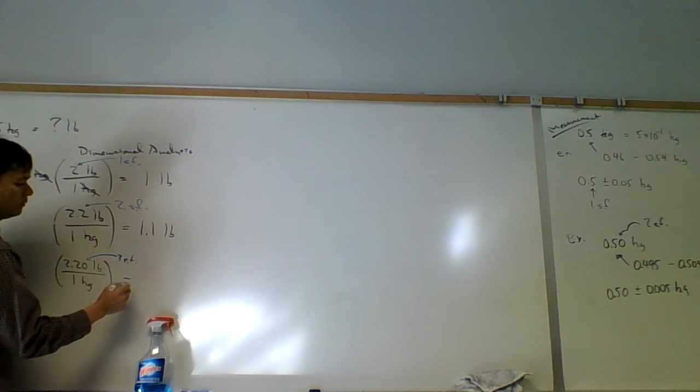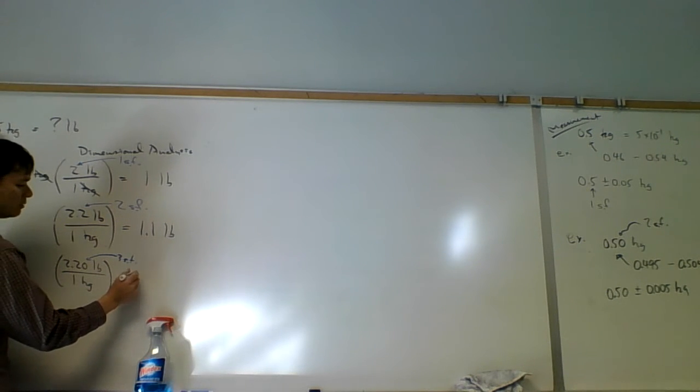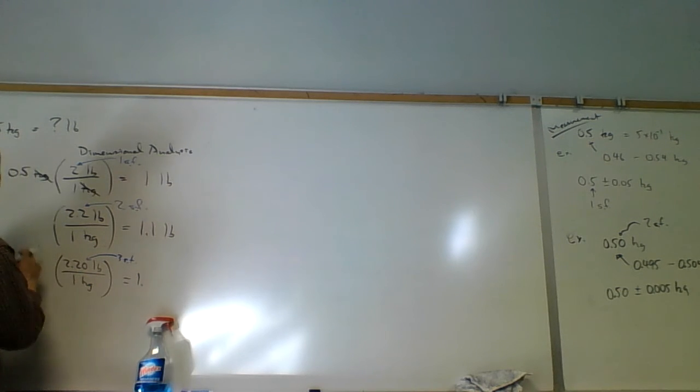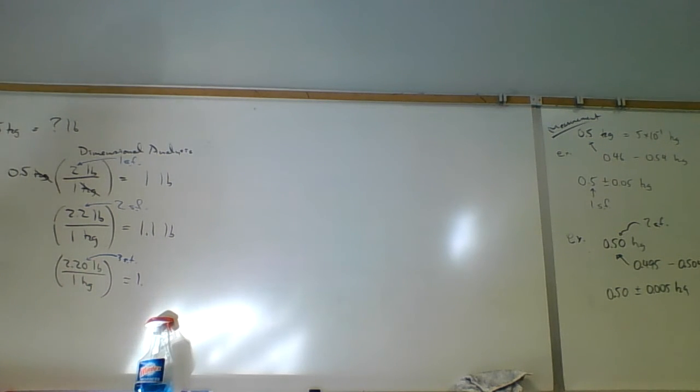And the way it works is something like this. Actually, I shouldn't do this because we have a problem here. We have a problem about how I define 0.5 kilograms. And so this is what we call either 1 sig fig or exact.